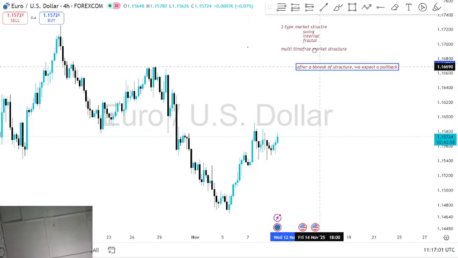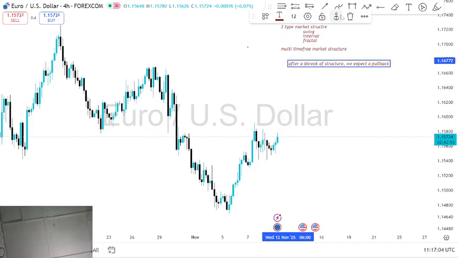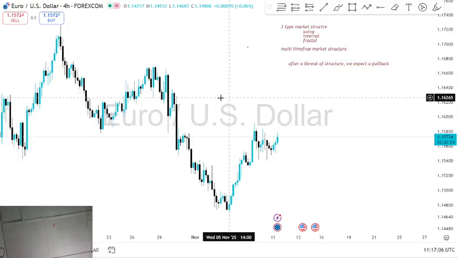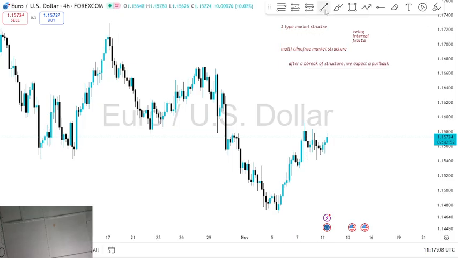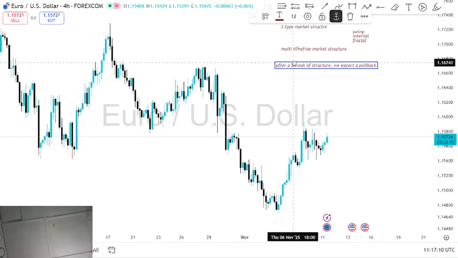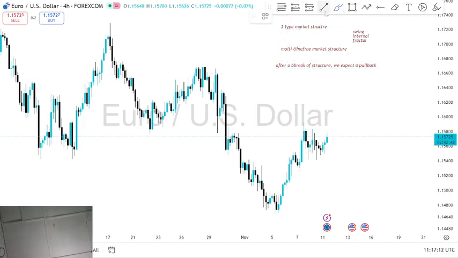So after a break of structure, we expect a pullback. This is something you have to keep in mind. So whenever we get a structural break, we are expecting a pullback.